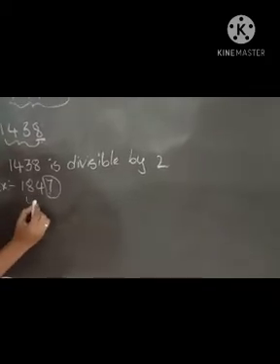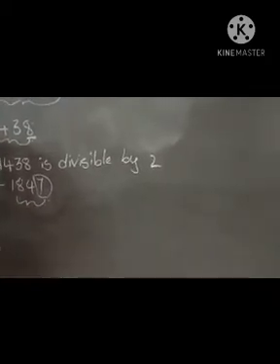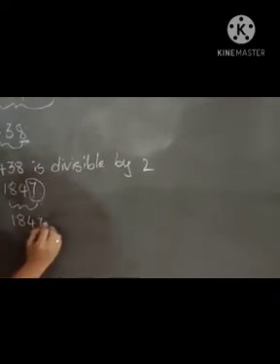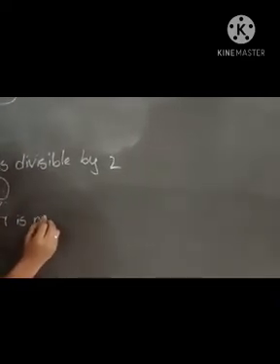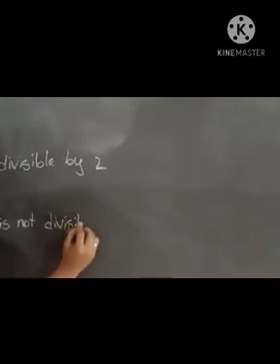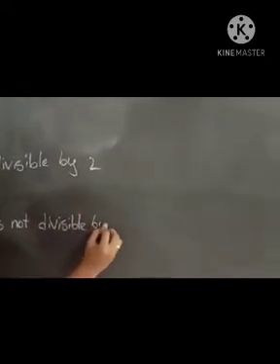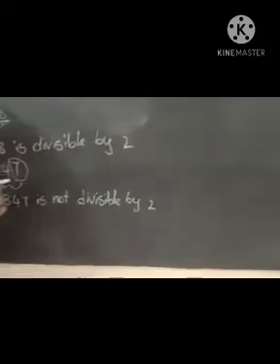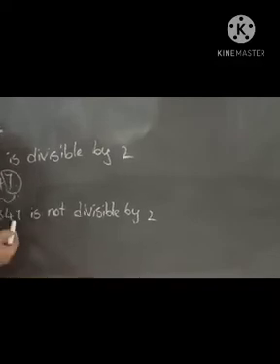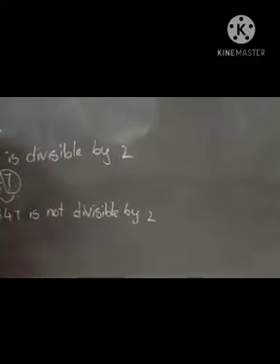So 1847 is not divisible by 2. If in ones place an even number is there, then only the number is divisible. Otherwise the number is not divisible by 2.